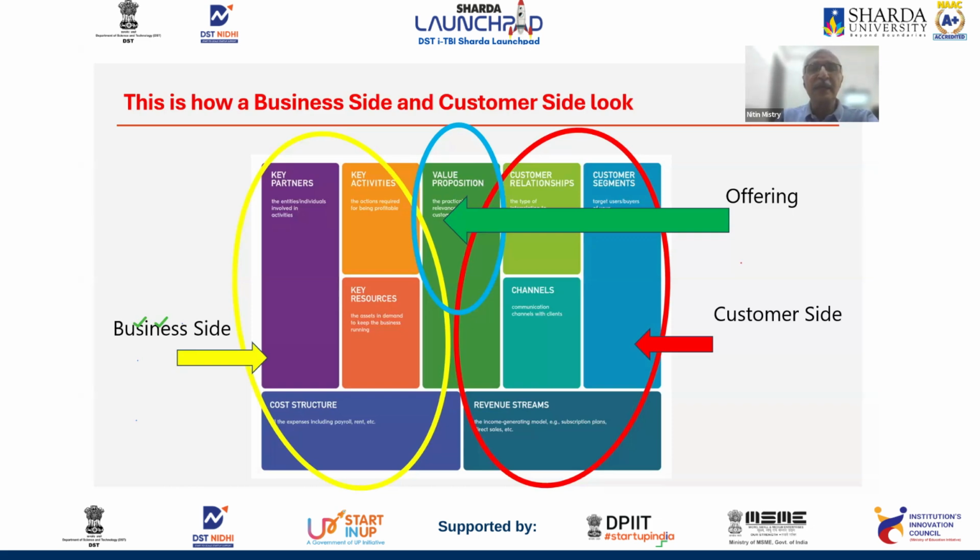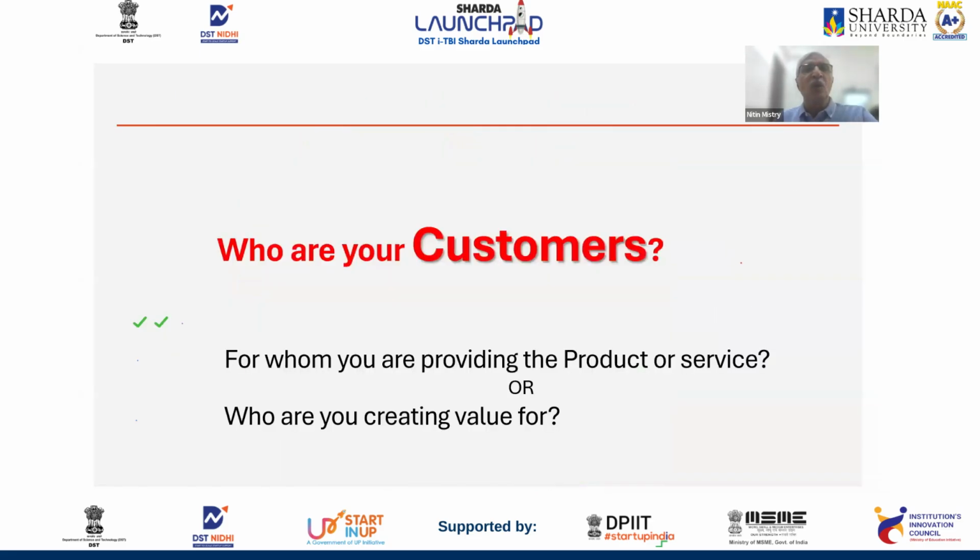So the red circle is the customer side, the yellow circle is the business side, and the offering is the value proposition, right? Let's go one by one. Who are your customers? We start with the customer. Customer is the first reason for an enterprise or a business to exist. No business can exist for long without paid customers. Paid customers. Try to understand.